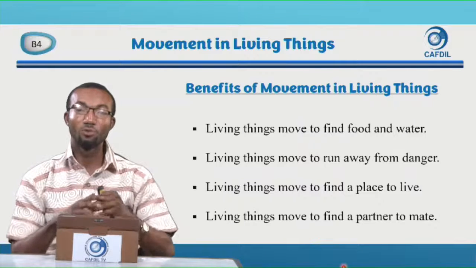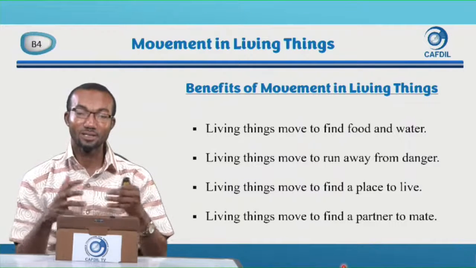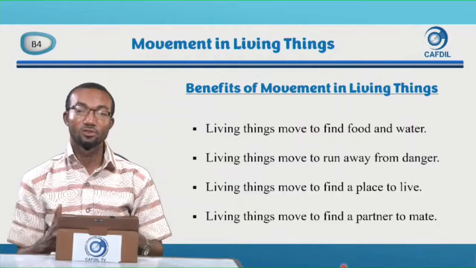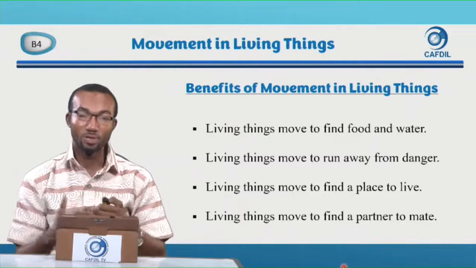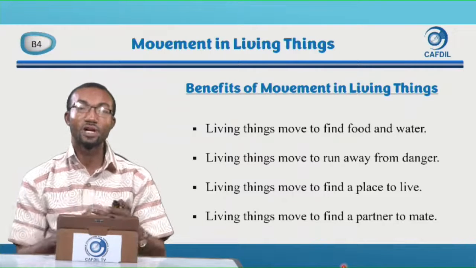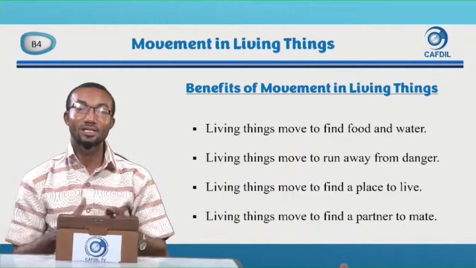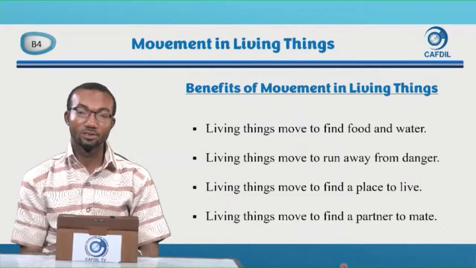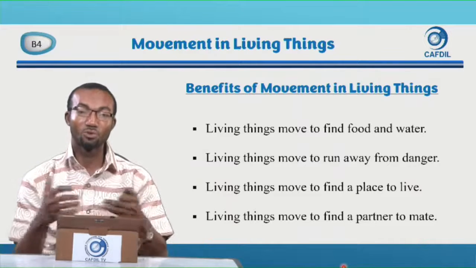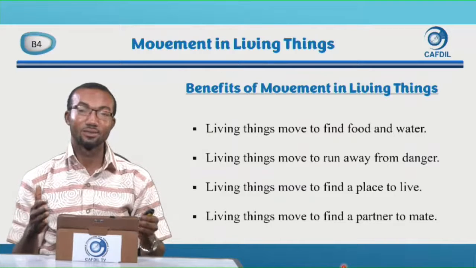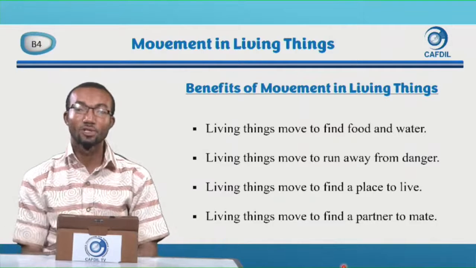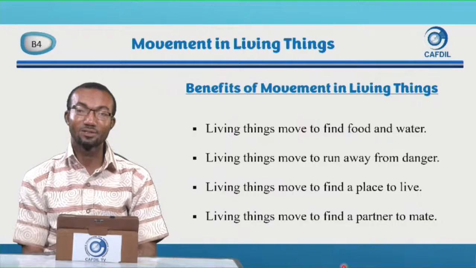So if there were no movement, how can animals reproduce? Movement helps in reproduction. They move to find a mate so that they can reproduce, so that those animals will not go into extinction.